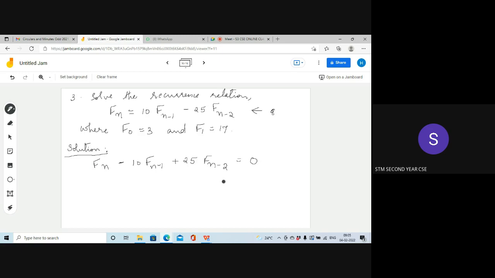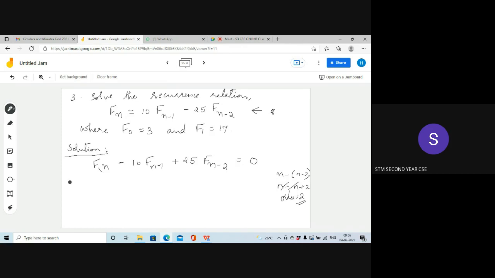Very good, 2. Just subtract the highest and the lowest, that is n minus of n minus 2. You get n minus n plus 2. This will cancel and give 2. The order of the relation is 2, which means you will have two roots.